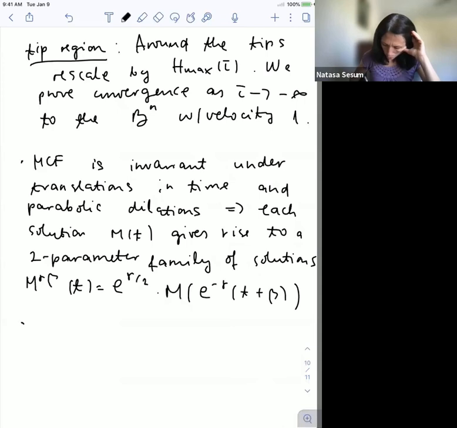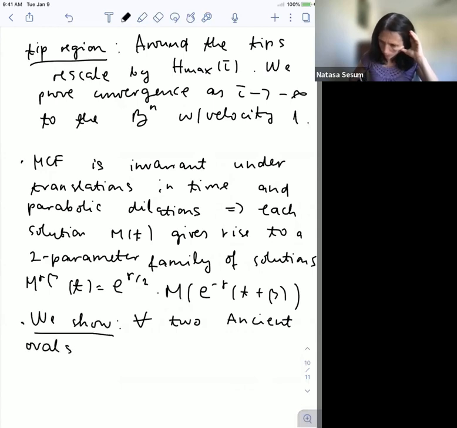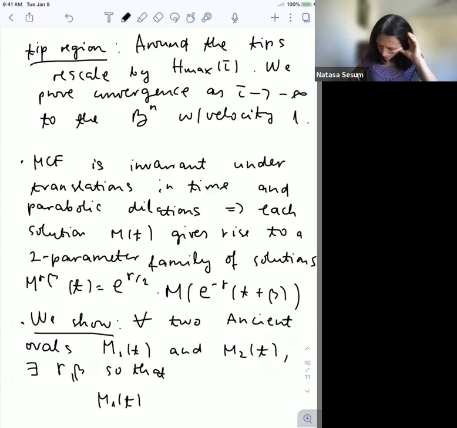Okay, and what we show is the following. For every two ancient ovals, M1 of t and M2 of t, there exist some parameters gamma and beta so that M1 of t is equal to M2 gamma beta of t.